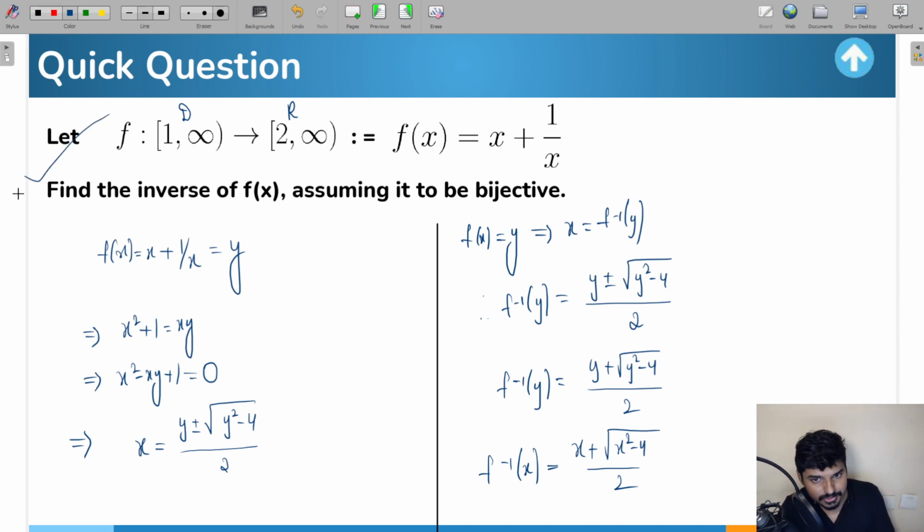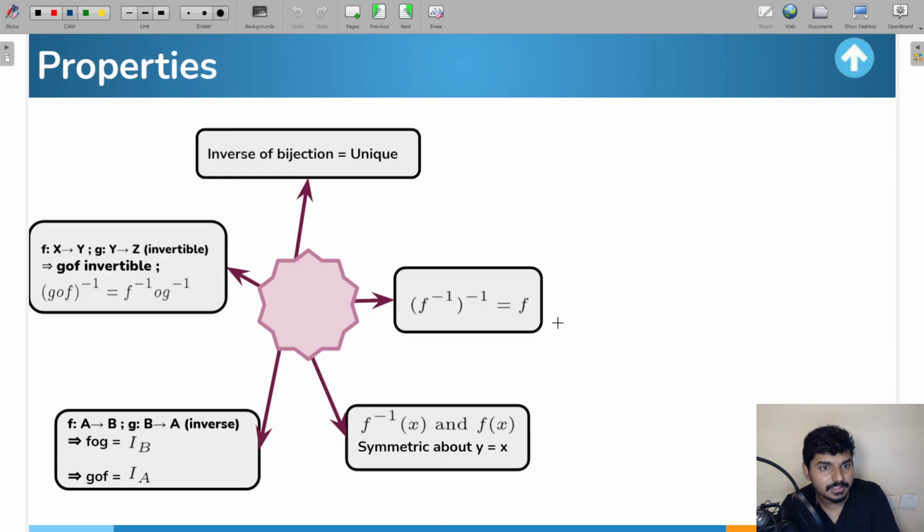Okay, so in this question, whenever we need to figure out the inverse of the function f of x, all you have to do is first write x in terms of y, then apply this simple condition, guys. Okay, so from here you can find out f inverse of y. If you want to find out f inverse of x, all you have to do is replace y by x. You can easily figure out what f inverse of x is going to be. Okay, so I hope this question is clear for all the students.